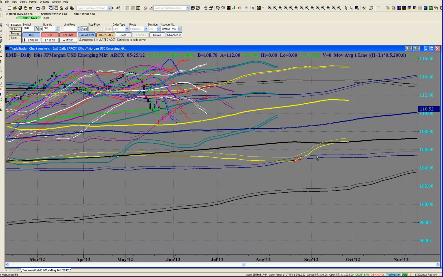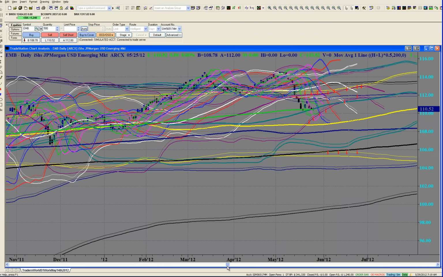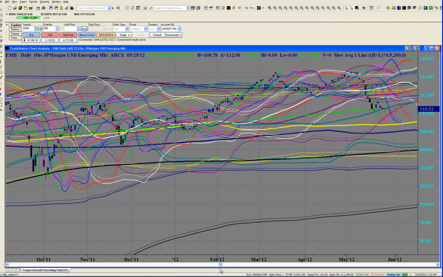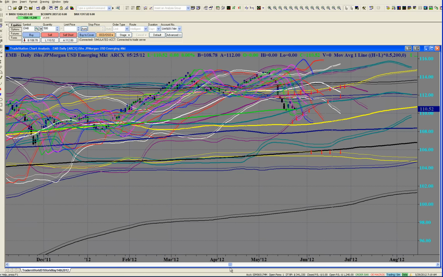So again, after this period, then we have risk down to the next boundary. But at least in the near term, our risk is down to this level, which is basically to 105.68, and the last time we were there was back in that October-December period.